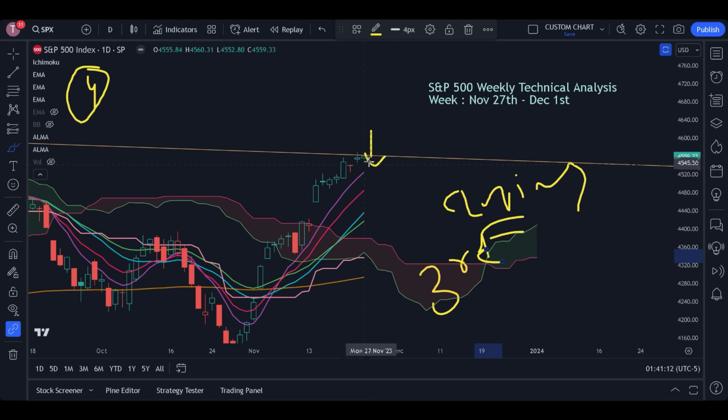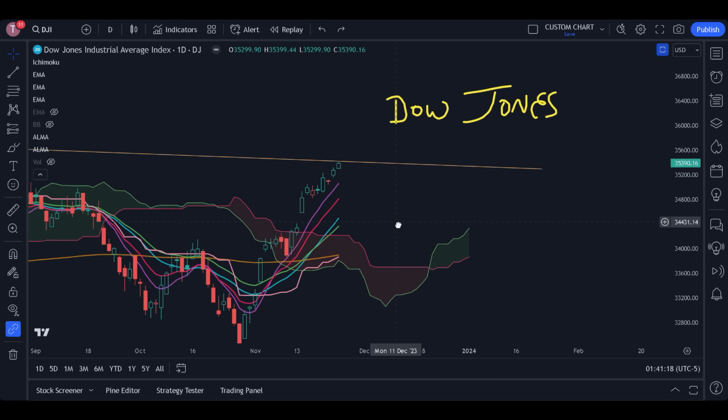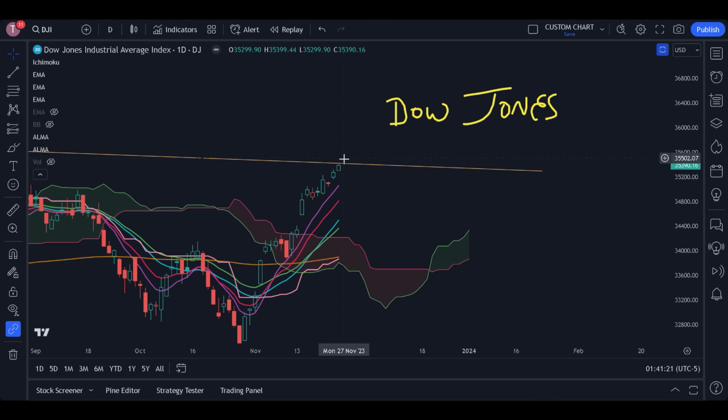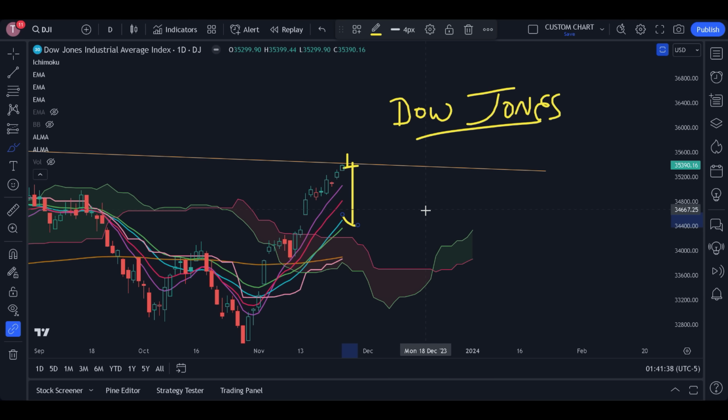If there comes another closing below that trend line on Monday, and the same happens in the Dow Jones, so both indices close below, or if either the Dow Jones or the S&P 500 closes below that trend line, in that case also the condition for the reversal will be seen.